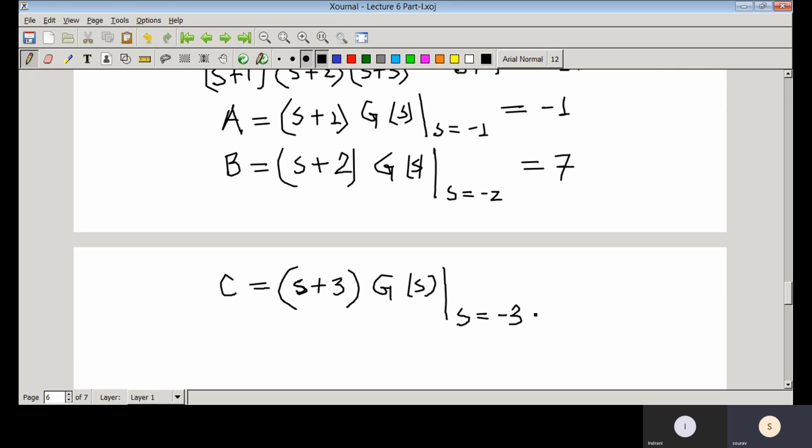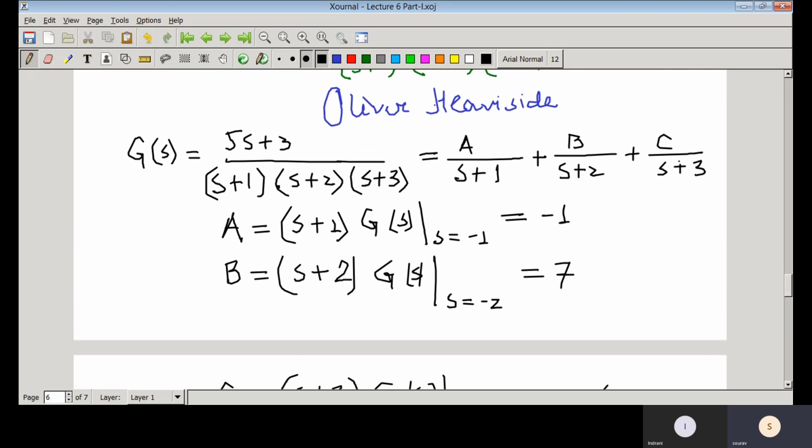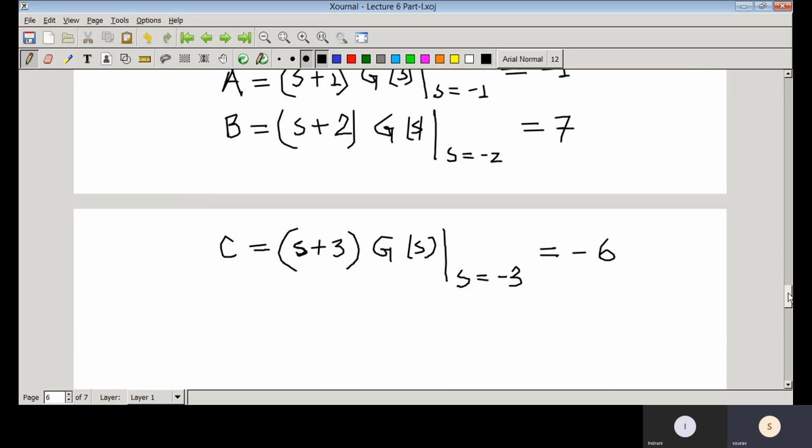So the value that you will get is equal to -6. So if you write this particular expression in terms of a, b and c, in place of them you have -1, 7 and -6.